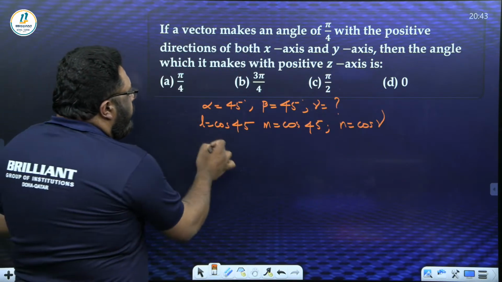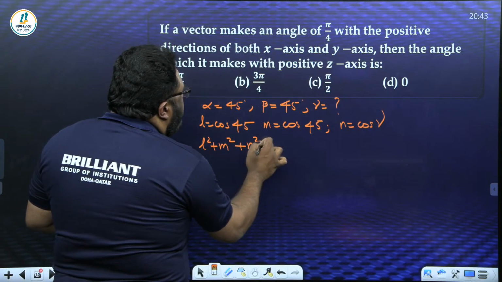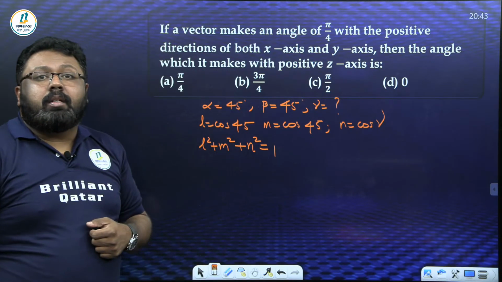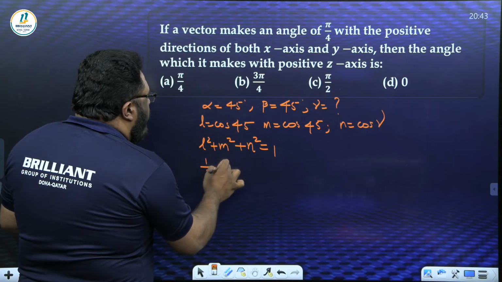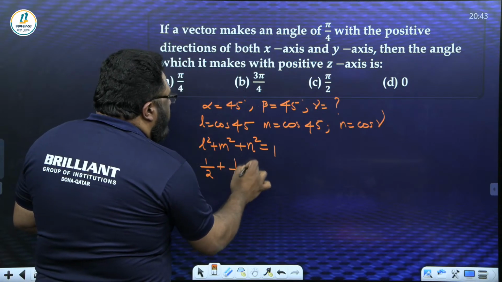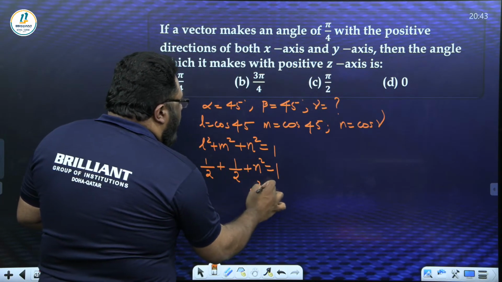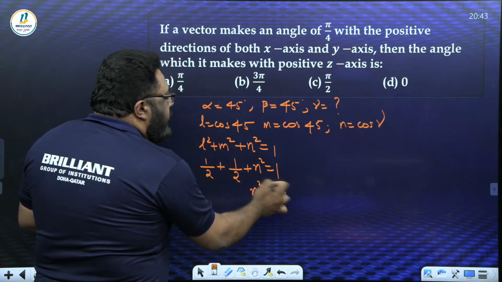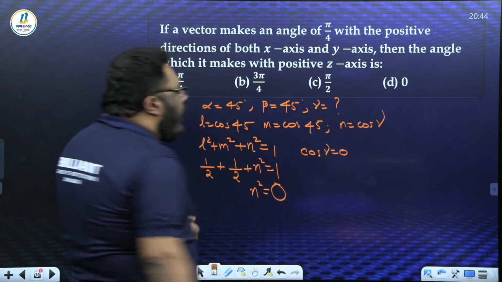Property says L squared plus M squared plus N squared equals 1. L squared is cos squared 45, 1 by root 2 squared, which is 1 by 2. Again M squared is 1 by 2, plus N squared equals 1. So N squared equals 1 minus 1 by 2 minus 1 by 2, which is 0. So I got cos gamma equal to 0.